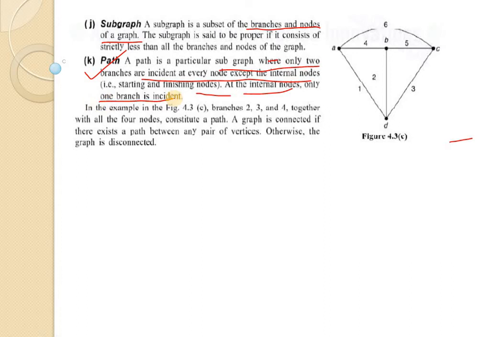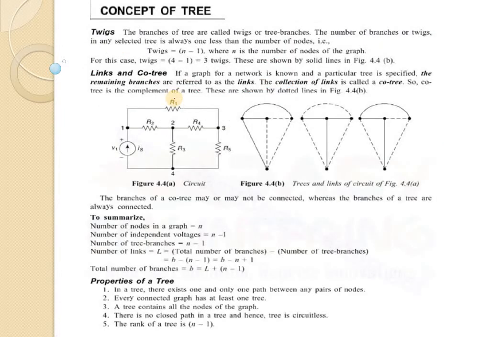In this graph, in figure 4.3, the branches 2, 3, 4, together with all the four nodes A, B, C, D consist a path. A graph is connected if there exists a path between any pair of vertices. Otherwise, the graph is disconnected.